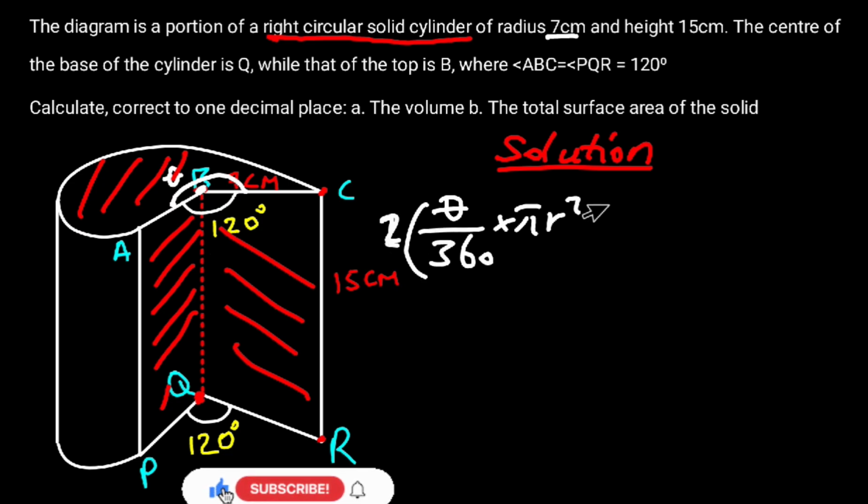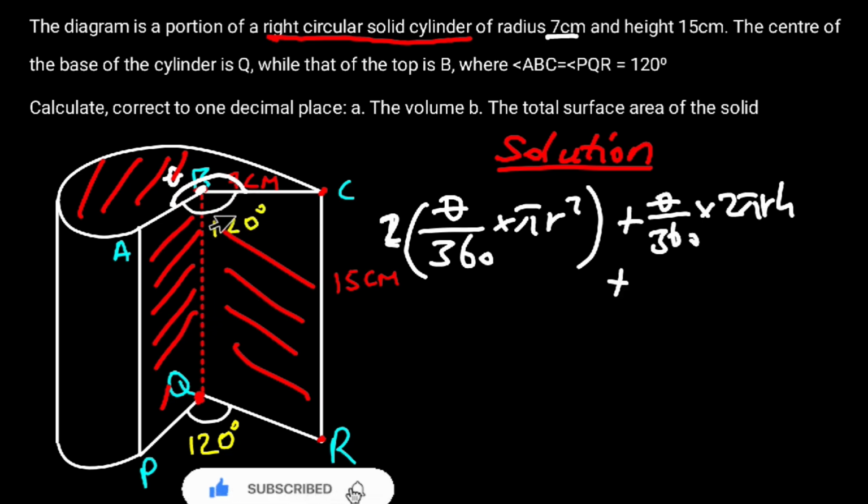So 2 multiplied by this, then plus the surface area of this cylinder, which is given by theta over 360 multiplied by 2 pi r h, plus the area of these two rectangles BCQR and ABPQ. They are equal, so we're going to have 2 multiplied by their area, which is 7 times 15, so you write 7 times 15.